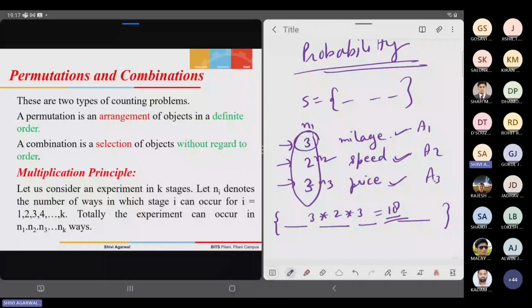Second is permutation and combination. You have done this, I believe; there are two things which we can use for counting. A permutation is an arrangement of objects in a definite order, so we have to mention the order also. But if order is not required and we are only selecting the objects without regard to order, then we use the combination.